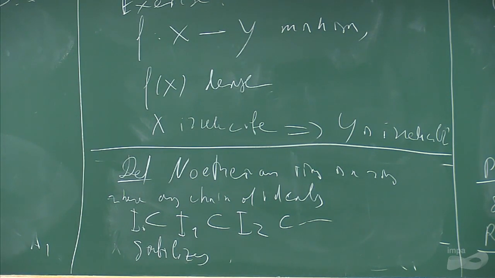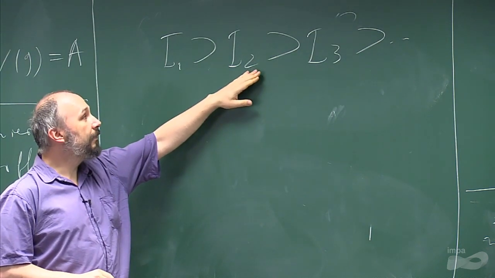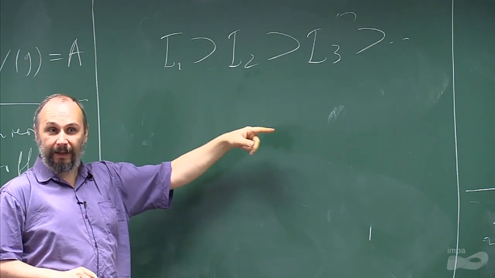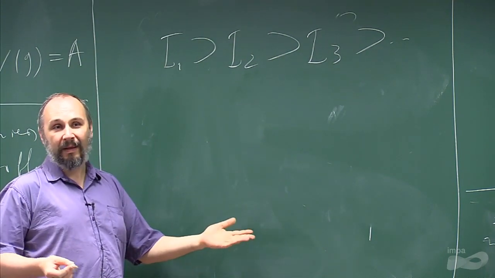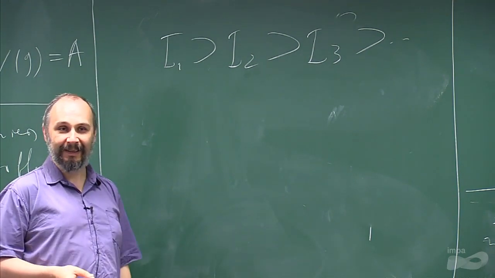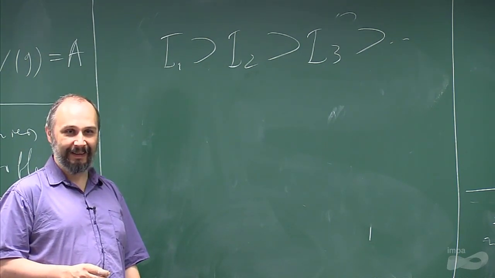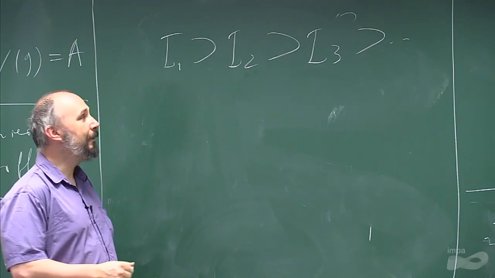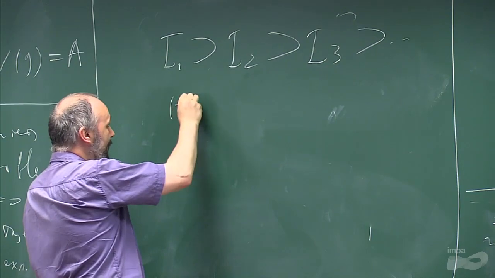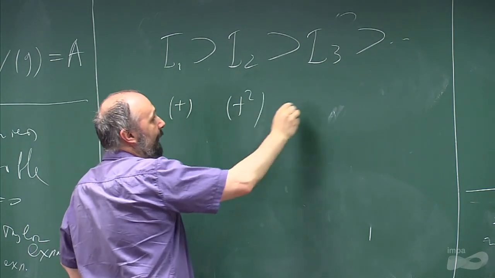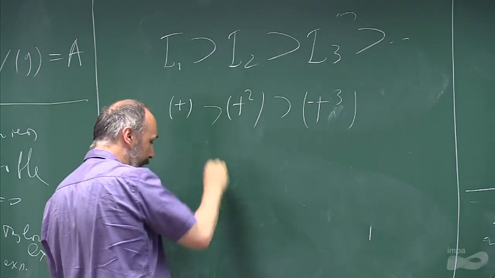Can you give me an example of an infinite chain of decreasing ideals in, like, a polynomial ring? Precisely. So you have the ideal generated by t squared, t cubed, and so on. This is a decreasing chain of ideals.